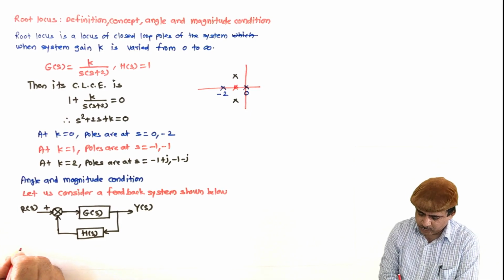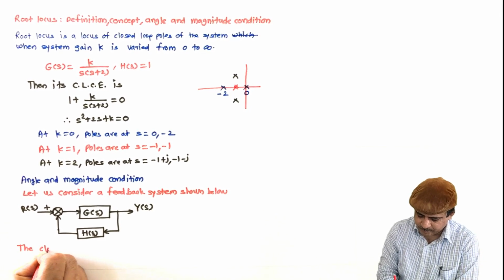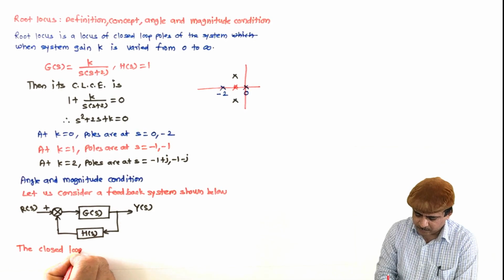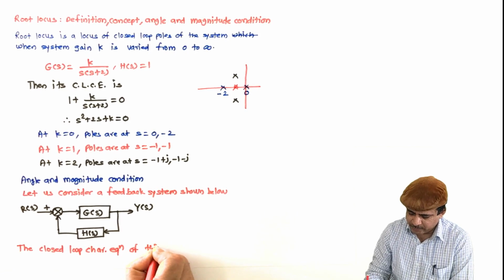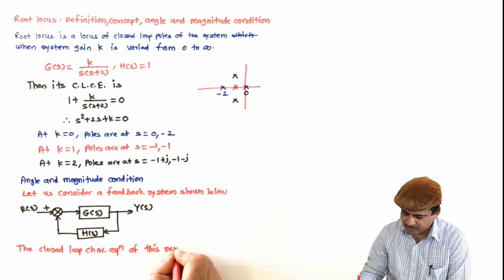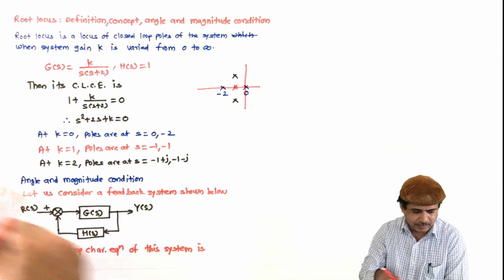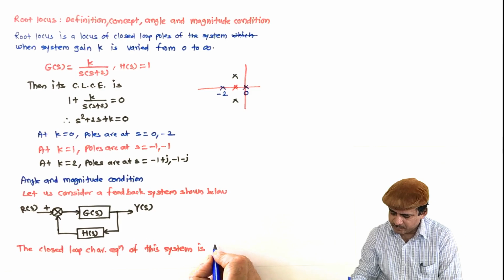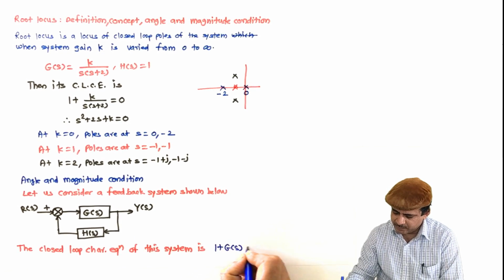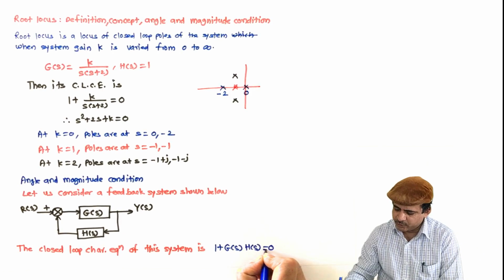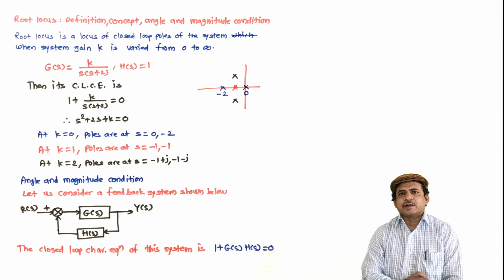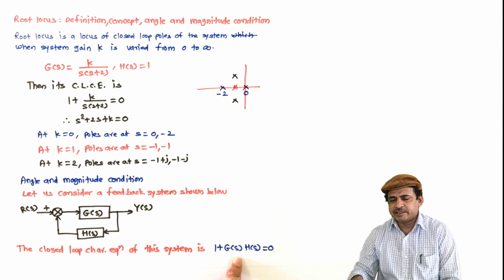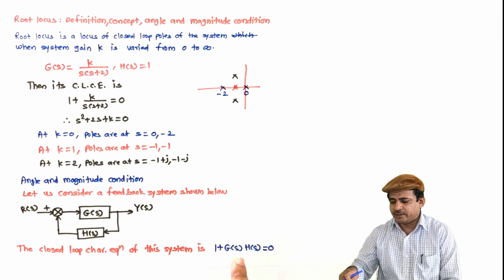And the closed loop characteristic equation of this given system is 1 plus G(s)H(s) equal to 0. And closed loop poles are the roots of this equation, the roots of the closed loop characteristic equation. So every pole satisfies this equation, and hence it also satisfies all its properties.